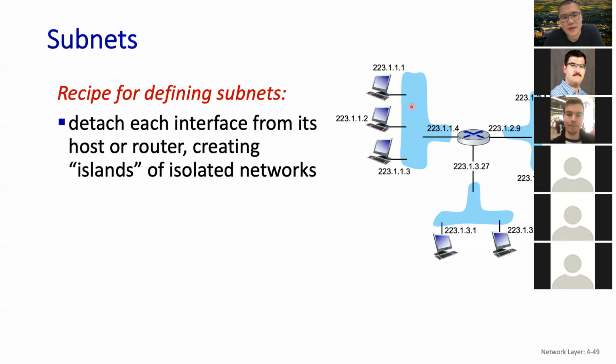You can see here we have 223.1.1.1, 223.1.1.2, 223.1.1.3. Only the last bits are different.